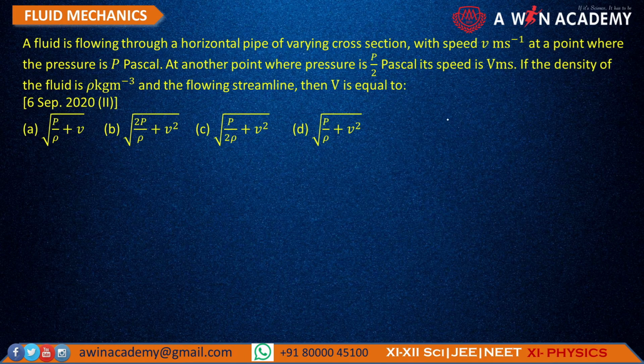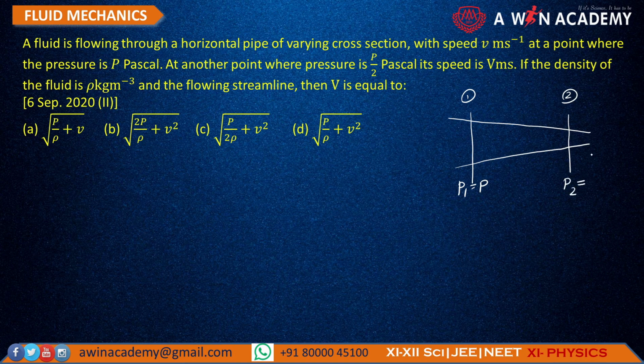कुछ इस तरह से आपको दिया। जस्ट सपोज वेराइंग क्रॉस सेक्शन है, आपको यहाँ दिया है क्वेश्चन में कि जो पाइप है वो कुछ का जो क्रॉस सेक्शन वेरी कर रहा है कुछ इस तरह से। Point 1 here, take point 2 here. This is point 1, this is 2, and the pressure at section 1 is P1 is equal to P, and at another section 2 their pressure is P by 2.